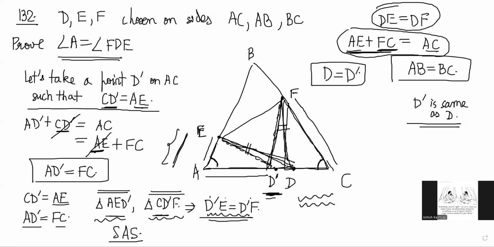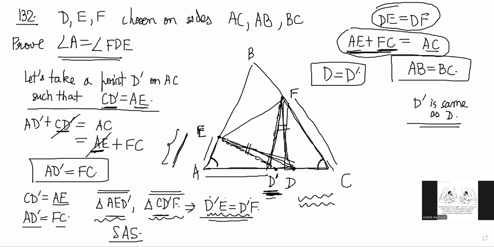Do you understand what is happening? First you assumed one point D dash and showed triangle AD dash E congruent to D dash C F, and you have shown that D dash and D are the same points.